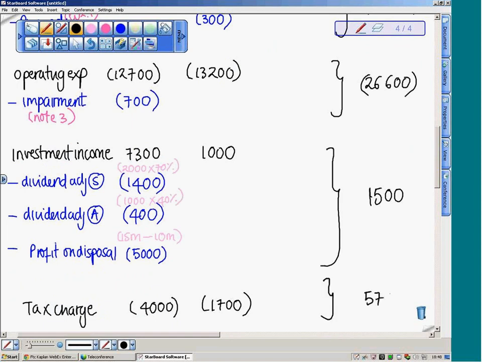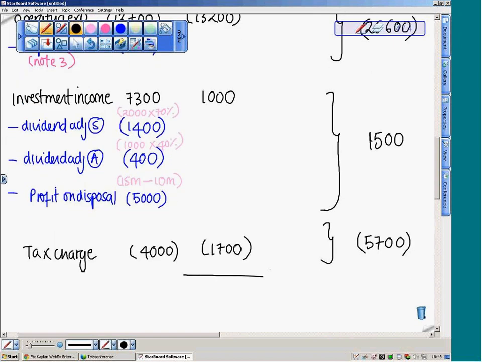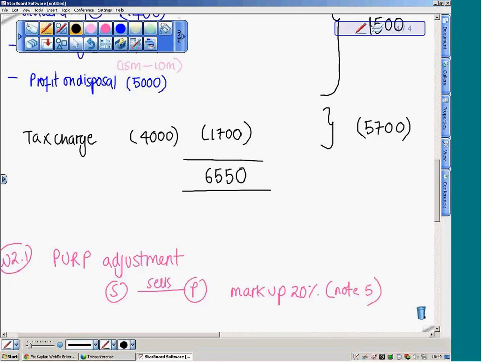And tax charge there 5,700. Okay. At this point, what I also want to do is total up my subsidiaries numbers. Okay. I need my subsidiaries numbers to calculate my NCI. Okay. For 655. If I wanted to, I could also at this point plug in all the respective income statement numbers into my pro forma. I'm not going to do that now. We'll deal with it all together once we've done all the calculations.